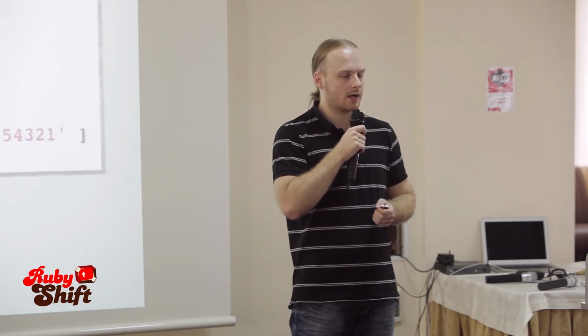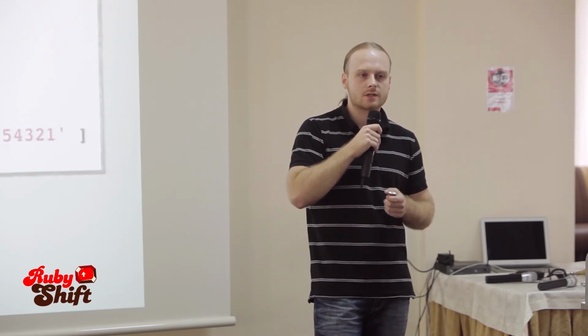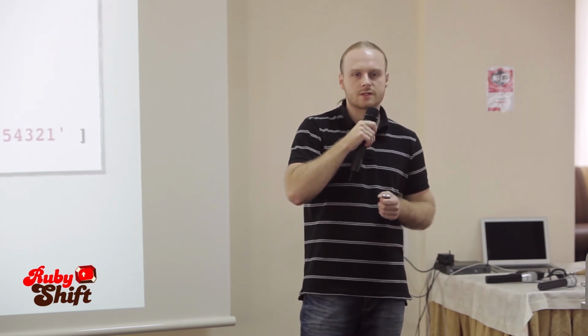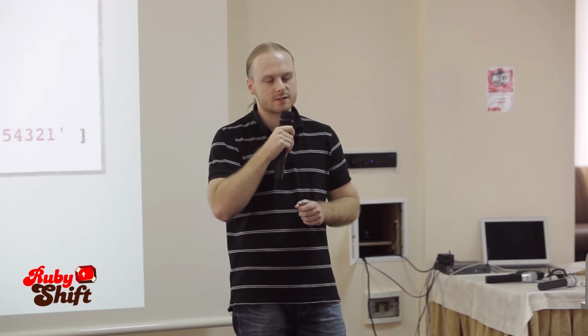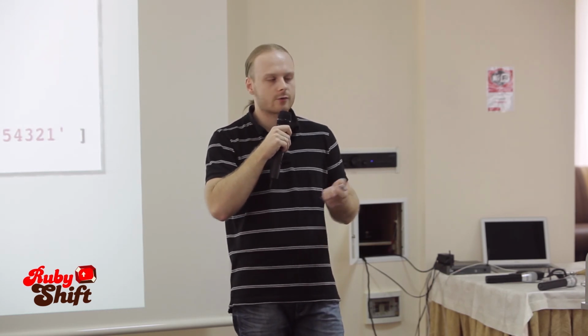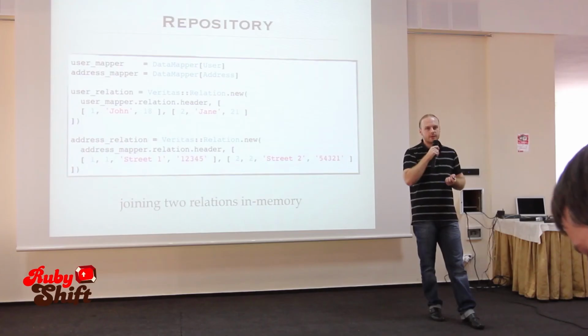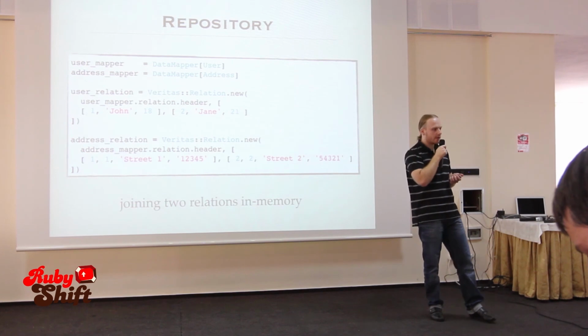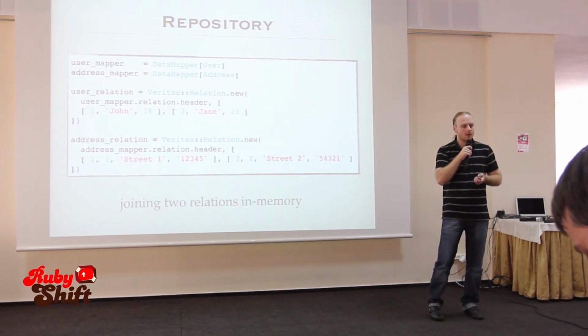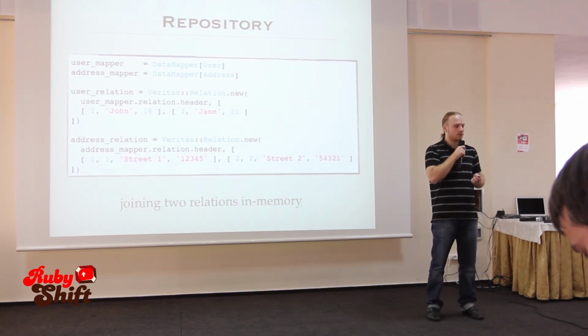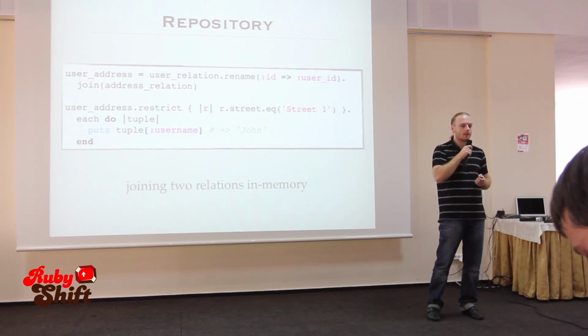So, I said that Veritas supports running all operations in memory. So here we create two relations in memory. We use both mappers from previous examples, so we have a user relation and an address relation. And we can just join them in memory.